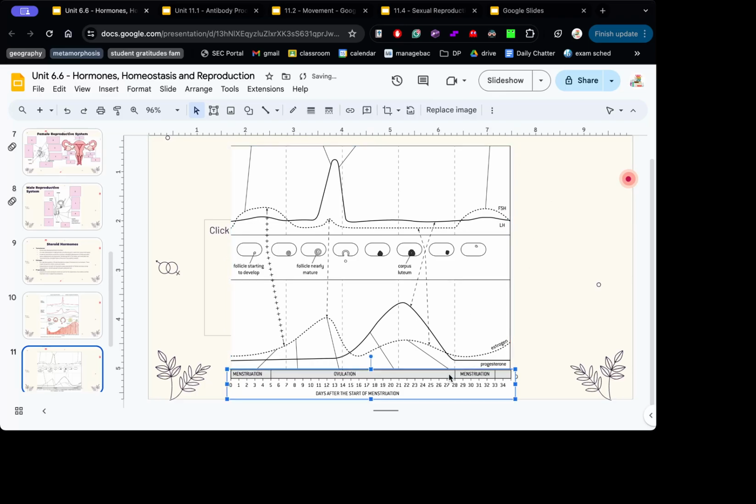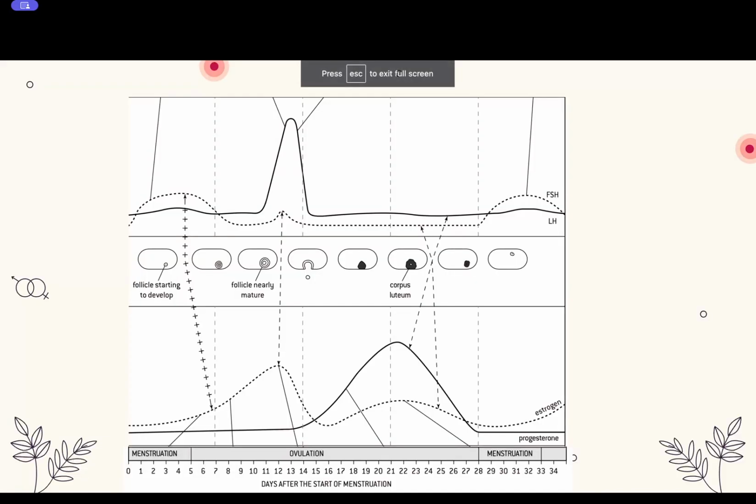Anyway. Okay. So again, as I was explaining, this line is where ovulation occurs. At this peak is when LH is secreted, and then it sees another fall because there's no need to secrete any more LH.